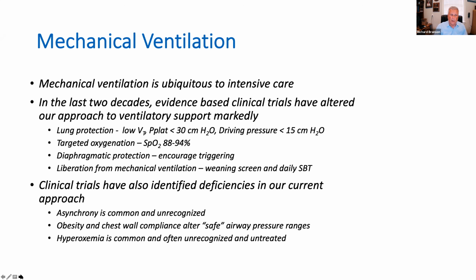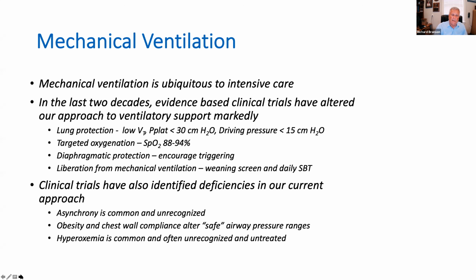And you might argue with me about that if it's cardiac or something else. But there's one thing that's for sure: no matter what ICU you're in, neonatal ICU, cardiac ICU, neuro ICU, there are ventilators there. Clearly, the last 2 decades have probably been the biggest changes, and importantly, evidence-based changes in the way we care for patients. And that includes, of course, the issues of lung protection, targeting a normal oxygen saturation, avoiding both hyperoxia and hypoxia.